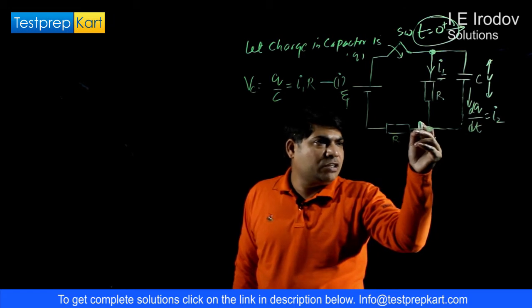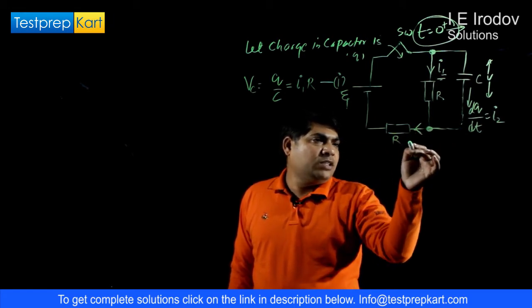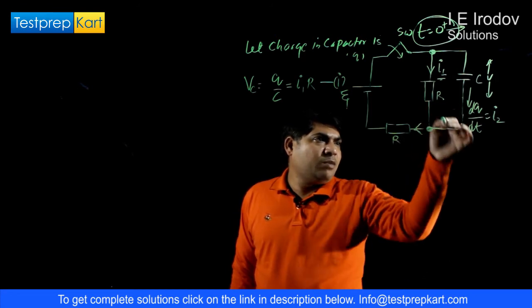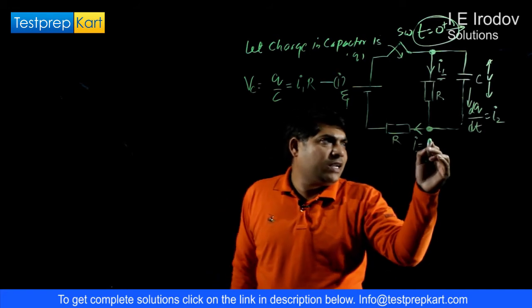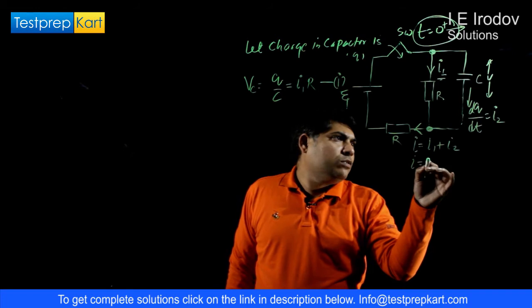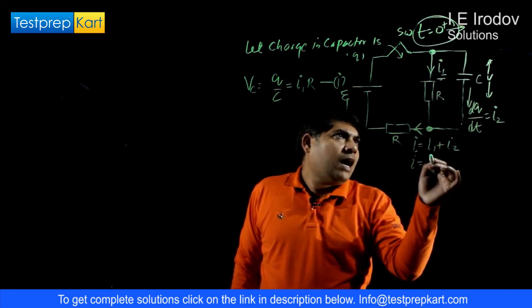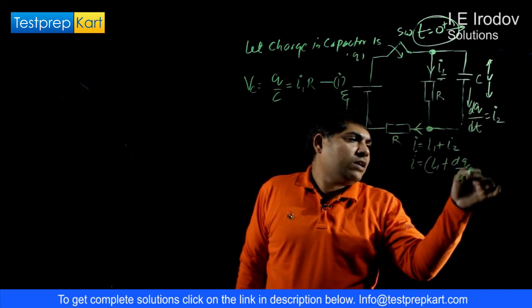Then according to Kirchhoff's current law, the current passing through this resistance is the sum of the incoming currents. So this I can be written as I1 plus I2, which is equal to I1 plus dq over dt.